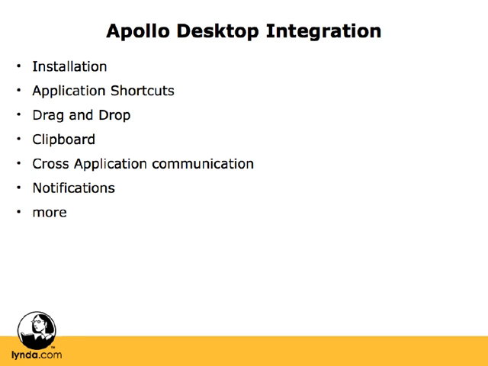Apollo also has support for drag and drop, both between applications and between the operating system and the Apollo application. Also rich clipboard support, the ability for applications to communicate with each other, and the ability for applications to tie into the system-level notifications. It's important to note, though, that many of these features are not currently implemented in the alpha release of Apollo.